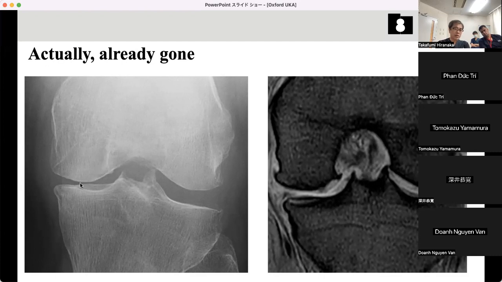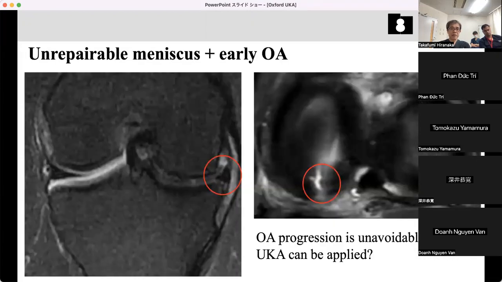It shows a remaining joint space at the medial side, but in fact in the MRI, there is no cartilage there anymore. So in such cases, MRI is very beneficial.